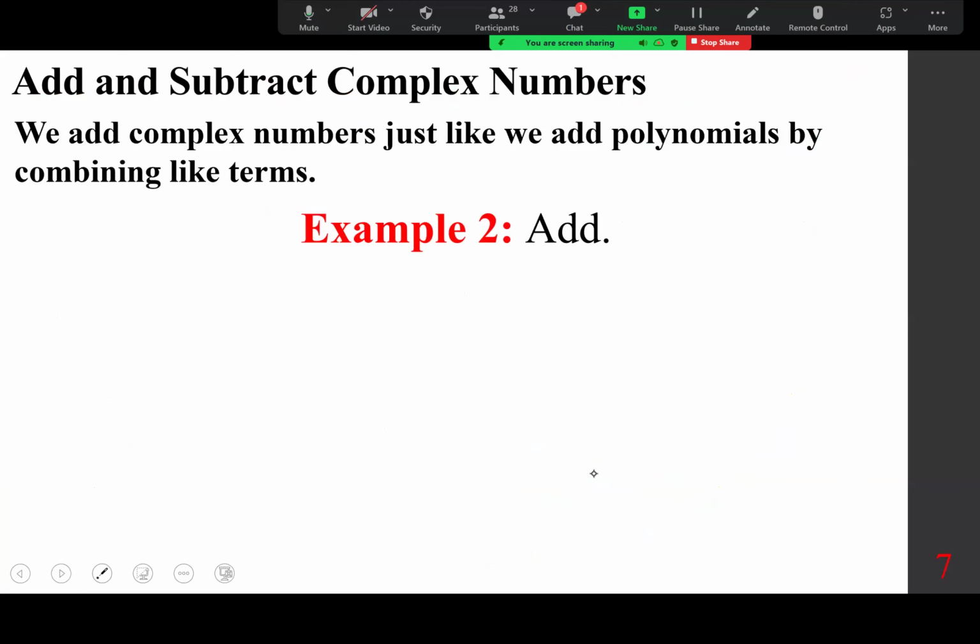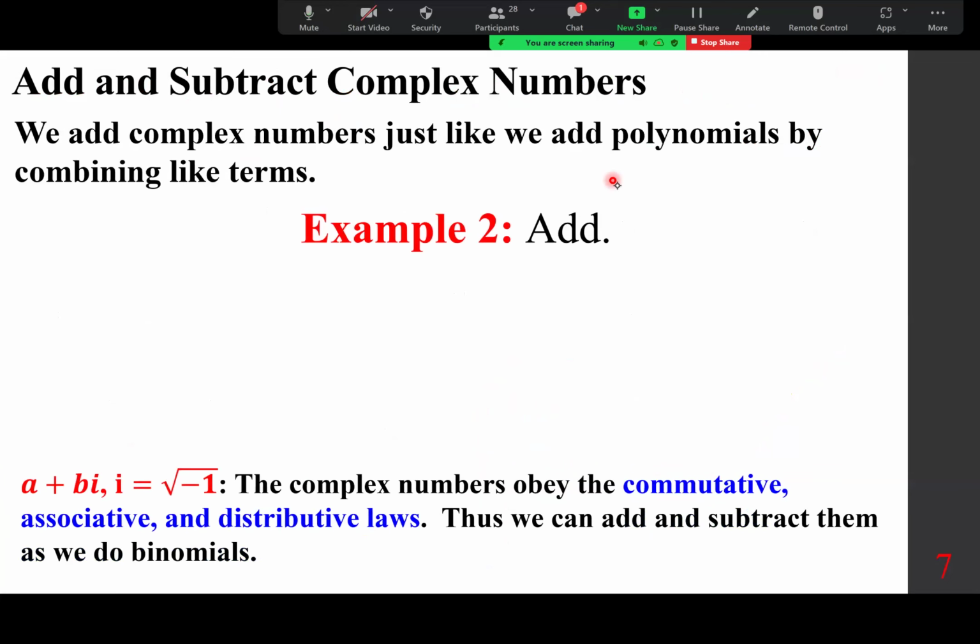Add and subtract complex numbers. We add complex numbers just like we add polynomials by combining like terms. Remember, a plus bi, where i is square root of negative 1. The complex numbers obey the commutative, associative, and distributive laws. Thus, we can add and subtract them as we do binomials.